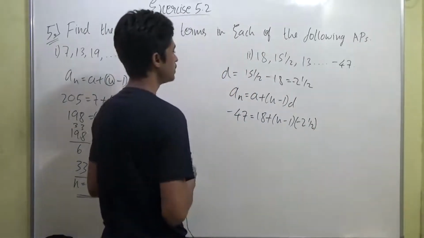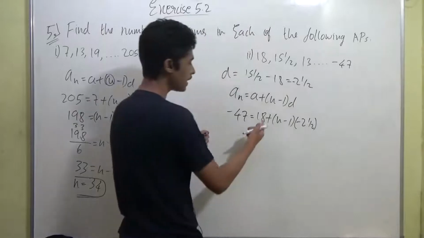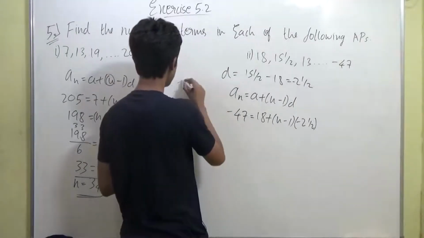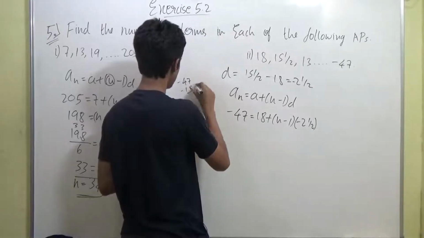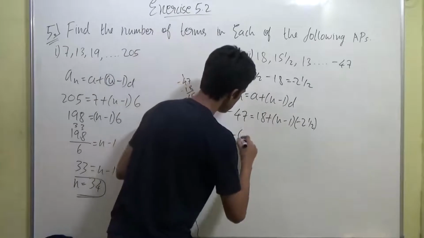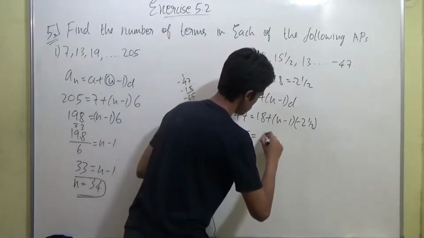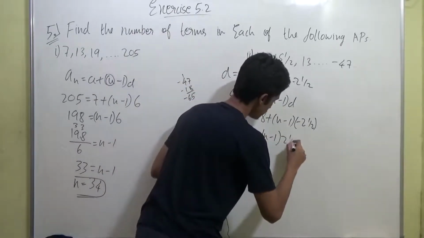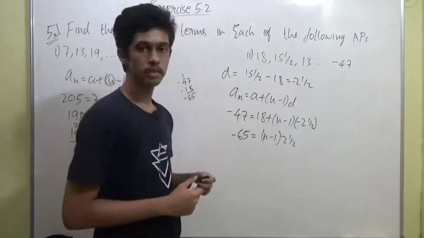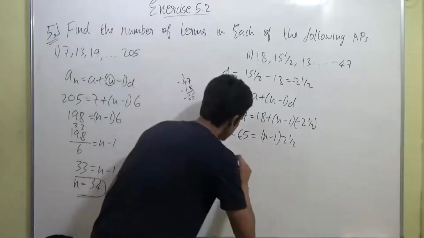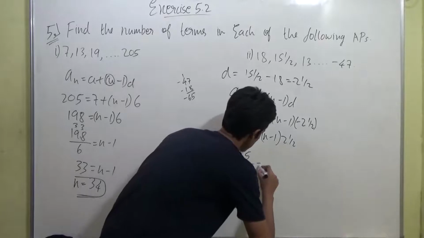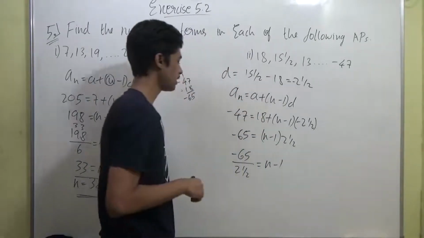When you bring 18 to LHS, it will become minus 47 minus 18, which is minus 65, equal to n minus 1 into minus 2.5. Now I'll bring this 2.5 down, so it will become minus 65 by minus 2.5 equal to n minus 1.